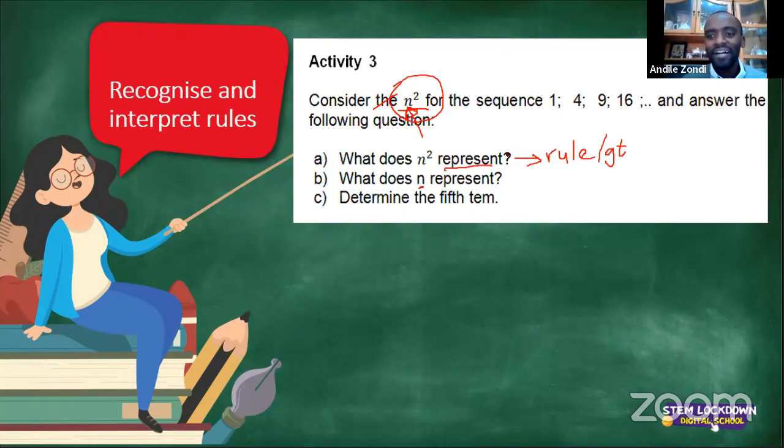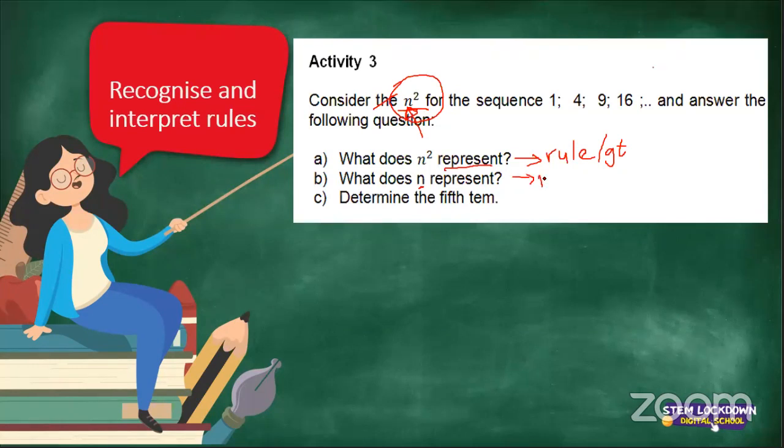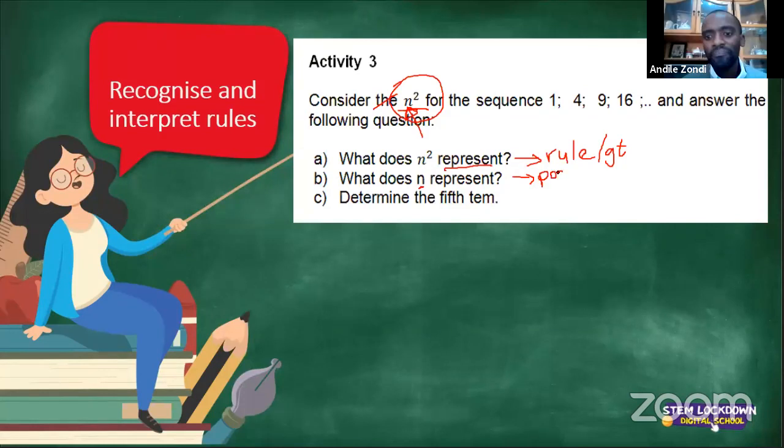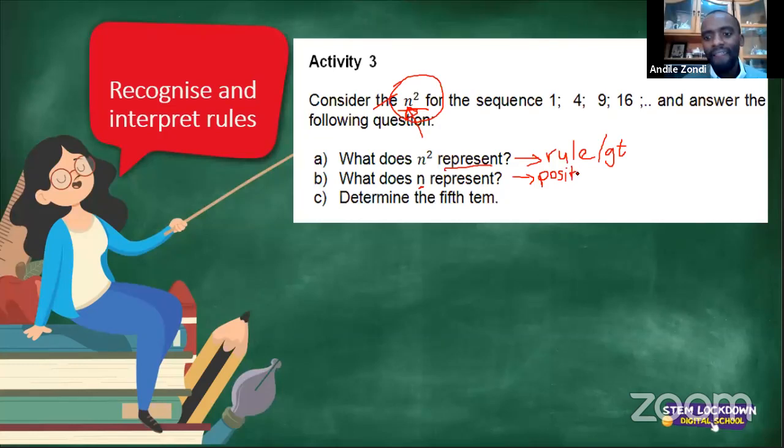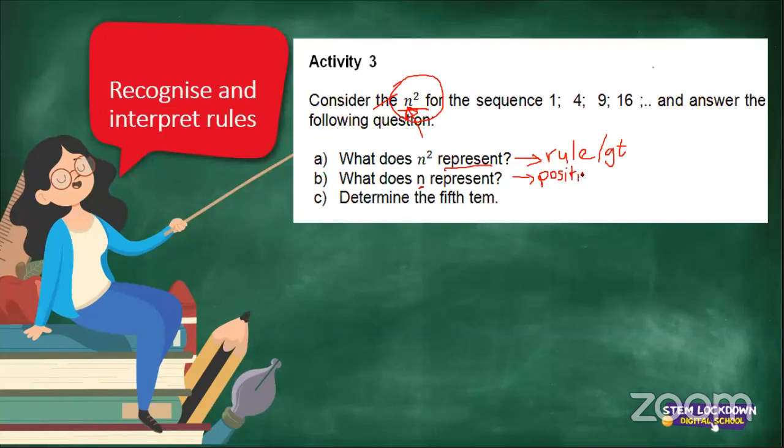Can I please ask a question about question A? What is your question? If the n represents the terms in the sequence, then n to the power 2, what does it represent?